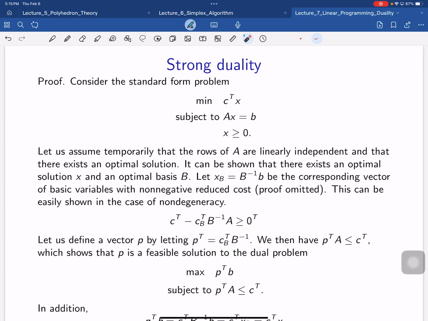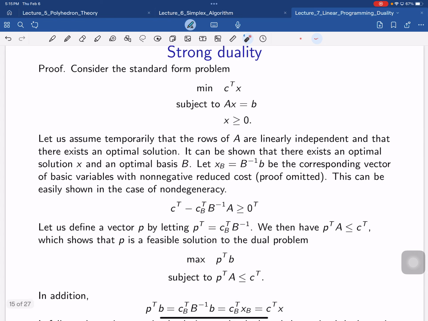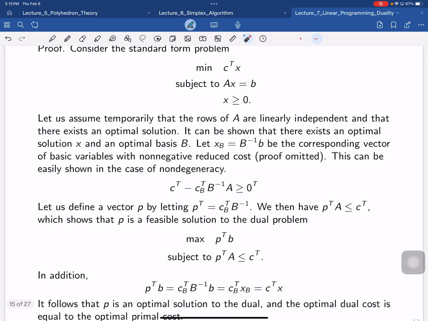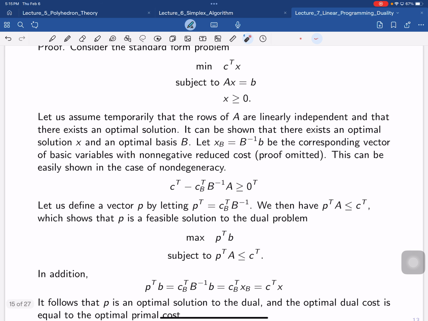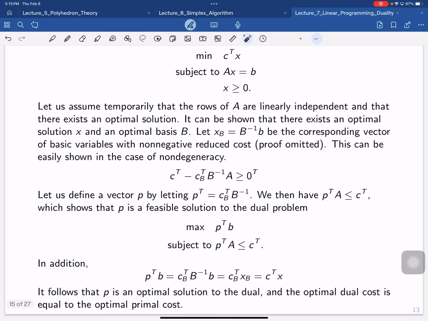Then you can show p is a dual feasible solution just by plugging this value into the dual constraint. If you plug it in, you have p transpose A less than or equal to c. This is nothing but the condition that the reduced cost is non-negative. You could do the math yourself.